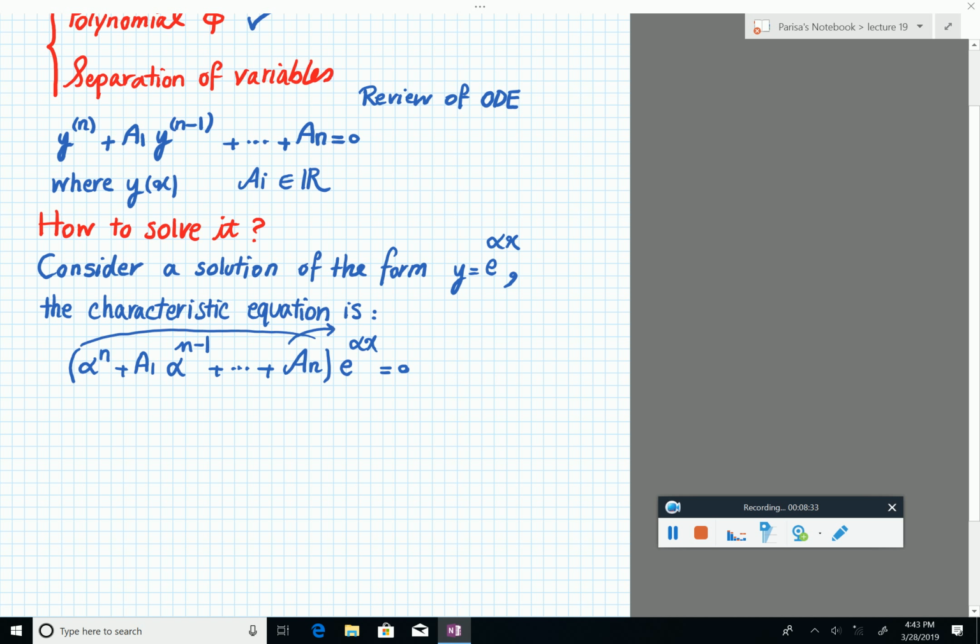Because this has to be equal to 0 for any value of x. I'm going very fast because I know this is something you are familiar with.